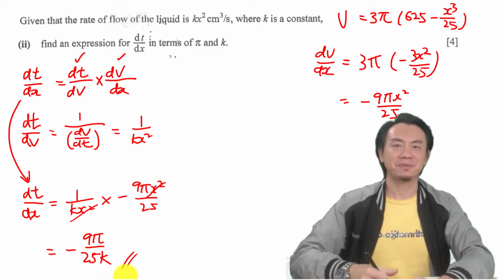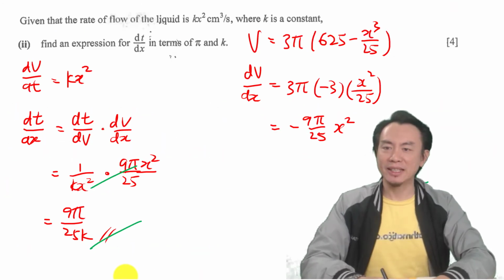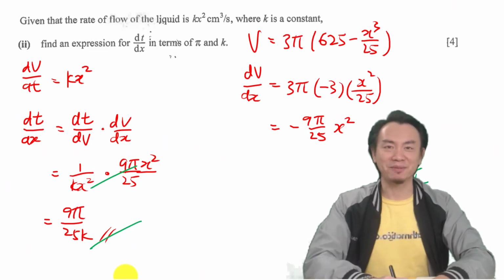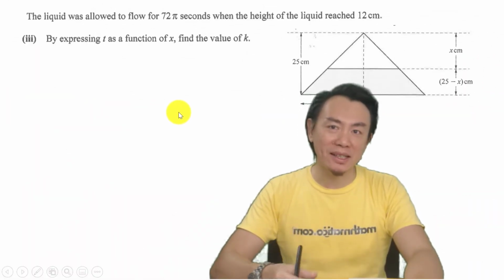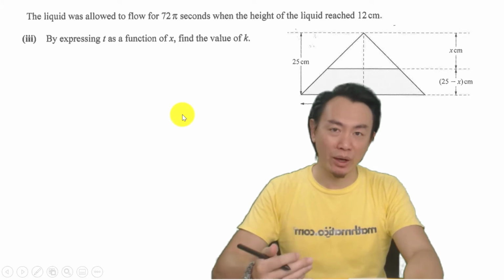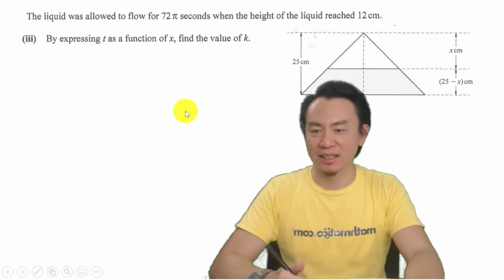Okay, that's it. So yes, I got this correct in my attempt. Now let's go to part 3. Part 3, the liquid was allowed to flow for 72 pi seconds when the height of the liquid reached 12 cm. By expressing t as a function of x, find the value of k.